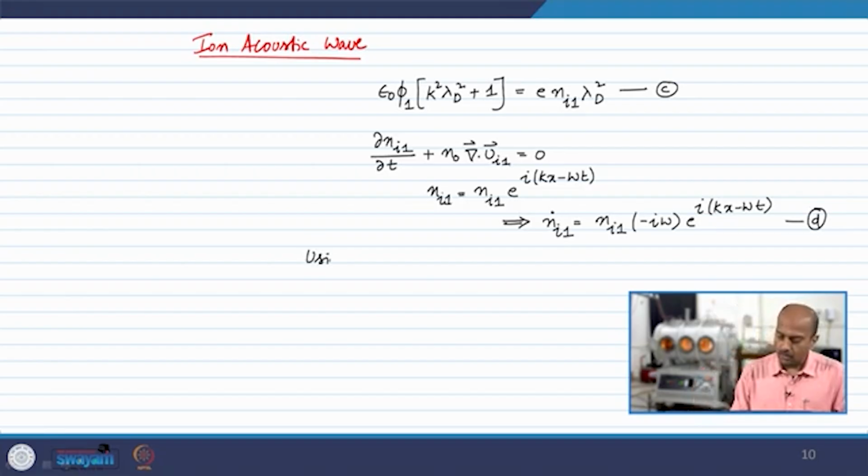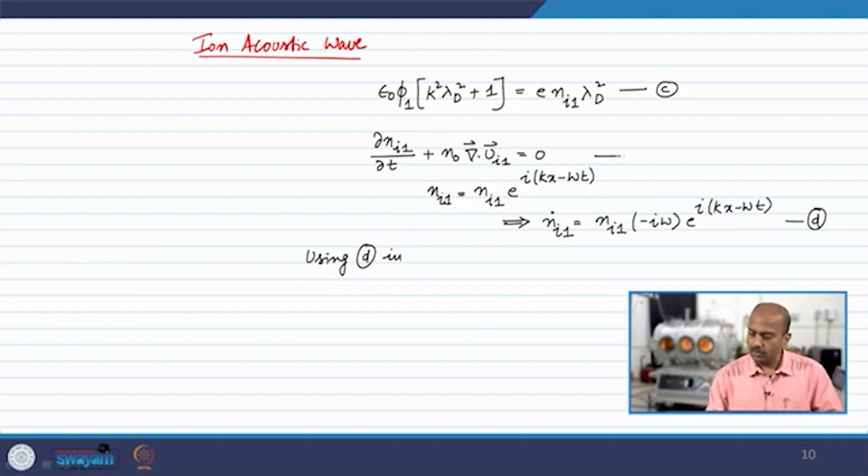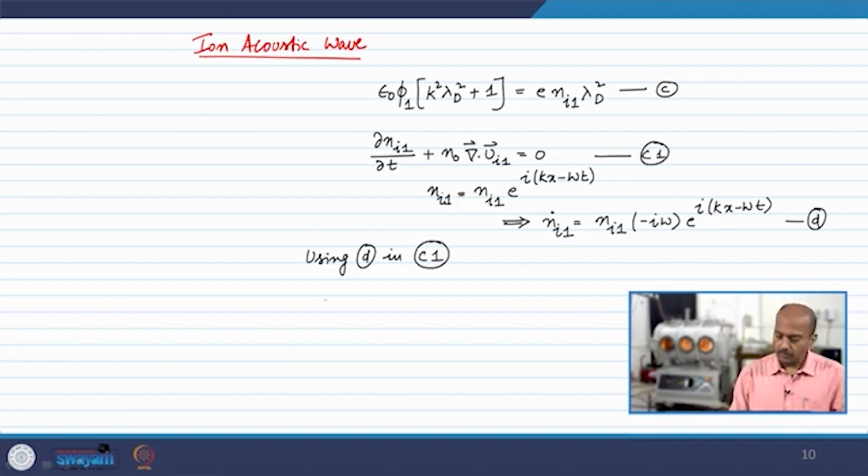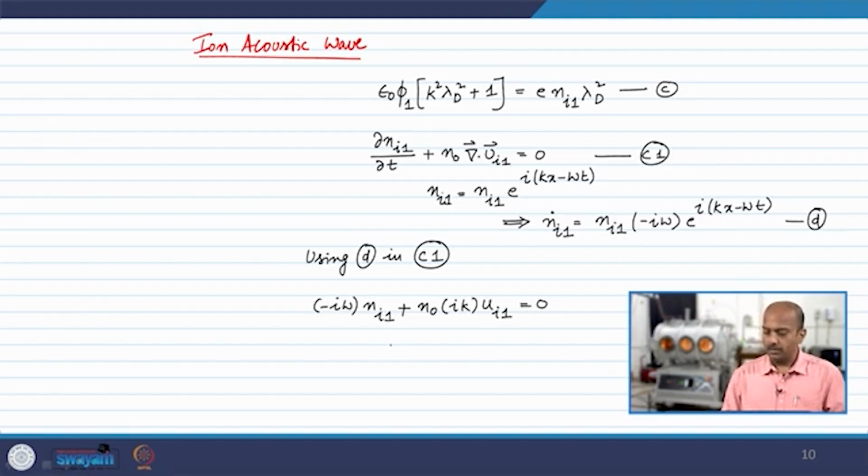Now, using equation D in this, let us say this is C1 for example. In C1 we have minus i omega n I1 plus n naught i k u I1 is equal to 0, right.